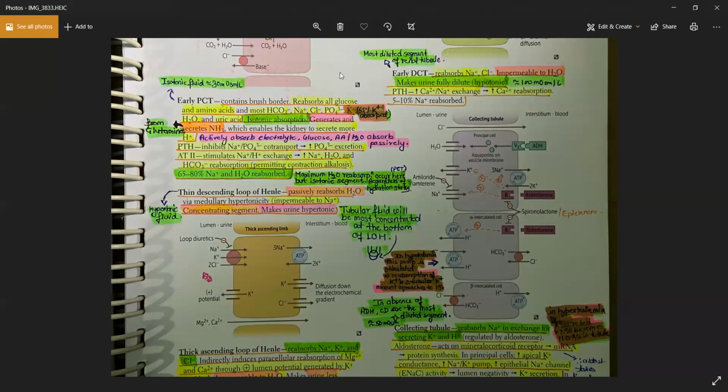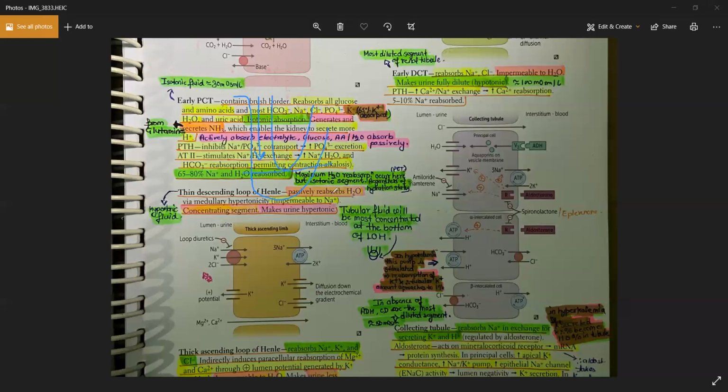Now tell me, if this is my PCT, then the descending loop of Henle, and then this ascending loop of Henle, if water is reabsorbing in this descending loop of Henle as it passes through, where does the maximum concentration of this filtrate lie? In the lowest portion of the loop of Henle.